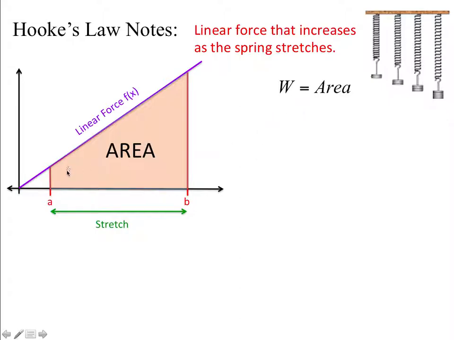So we can look at this as area, and you can look at it as a trapezoid or a rectangle plus a triangle, however you want to look at that. But that would be one way of finding the work done by that force in that spring without using any calculus.